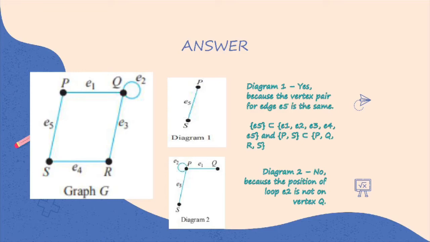E5 is a subset of E1, E2, E3, E4, and E5, and the line PS is a subset of the lines PQRS. Diagram 2 is no, because the position of the loop E2 is not on vertex Q.